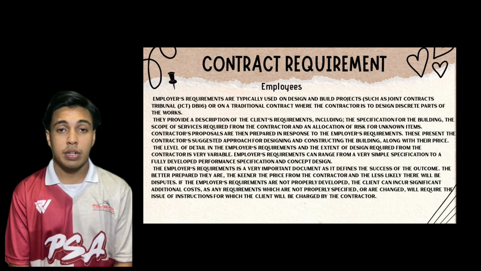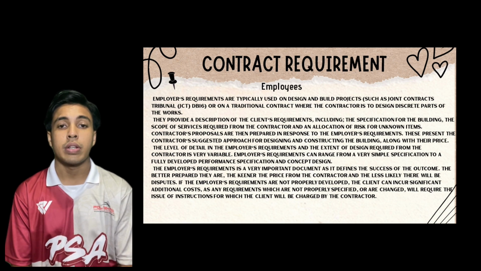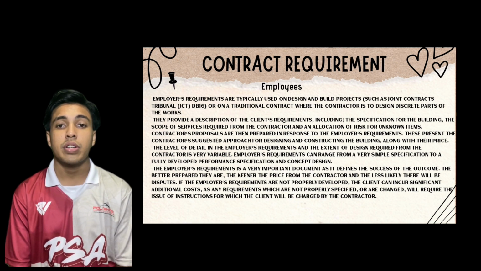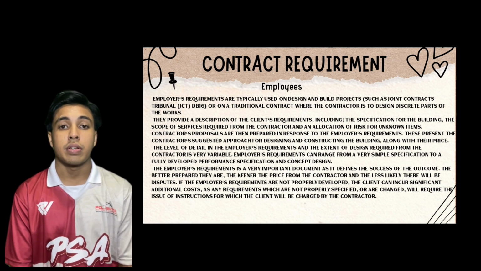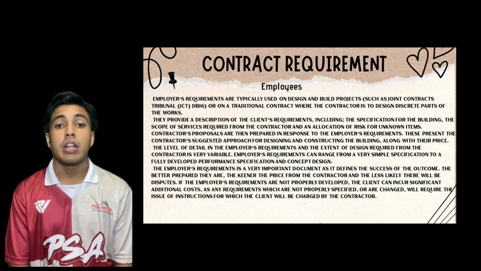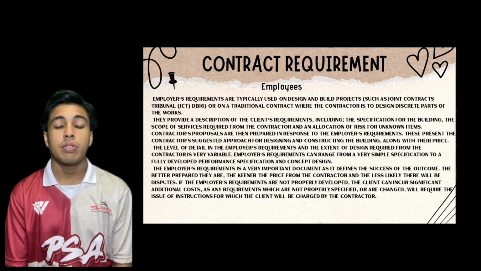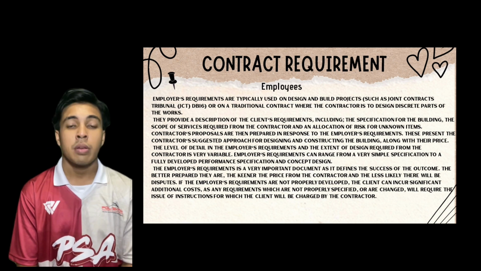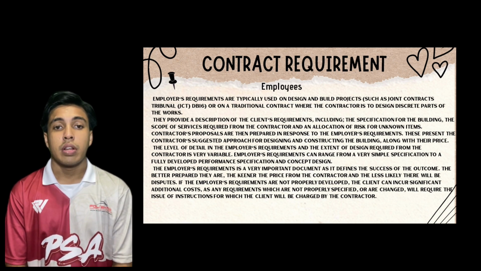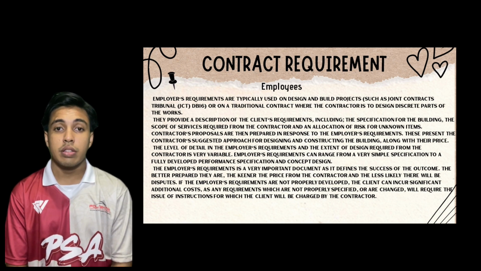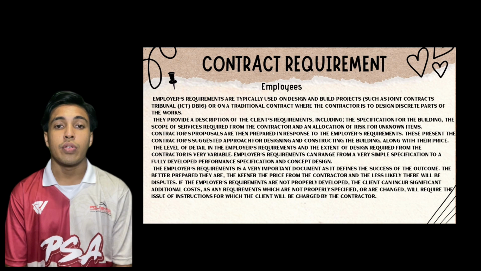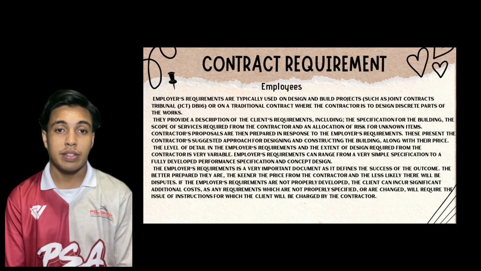They provide a description of the client's requirement, including the specification for the building, the scope of service required from the contractor, and an allocation of risk for unknown items. Contractor's proposals are then prepared in response to the employer's requirement. This presents the contractor's suggested approach for designing and constructing the building along with their price.